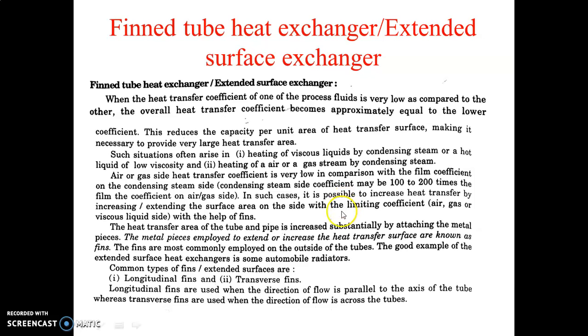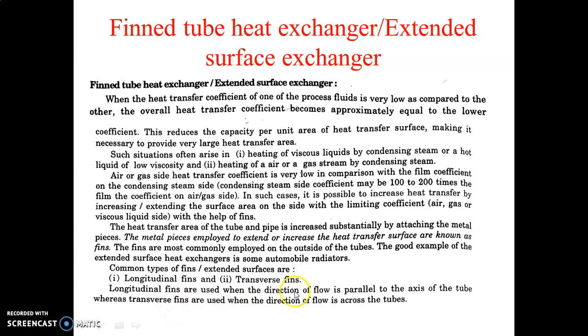So to increase the rate of heat transfer, we can add some surface to the pipes. That is called a fin. The metal pieces employed to extend or increase the heat transfer surface are known as fins. What are the different types of fins? Longitudinal fins and transverse fins.